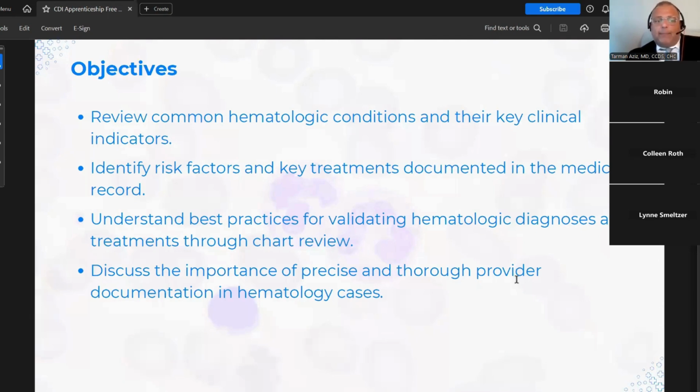We will look at best practices for validating hematologic diagnoses and treatments through the chart review process. And finally, we'll discuss the importance of precise and thorough provider documentation in hematology cases with the perspective of hospital inpatient metric impacts.